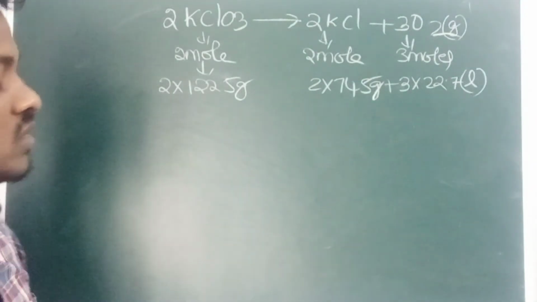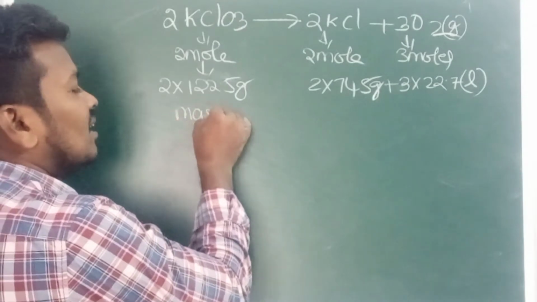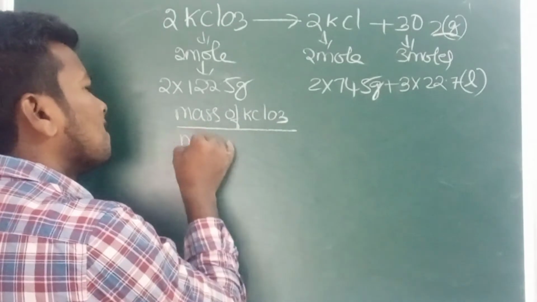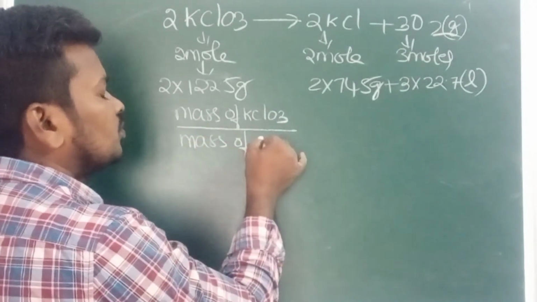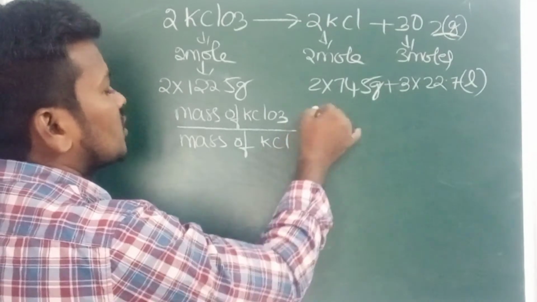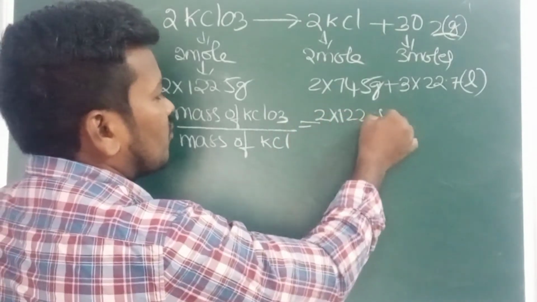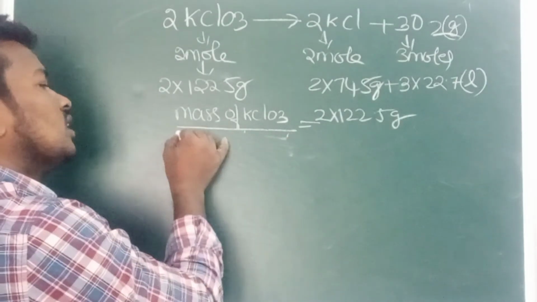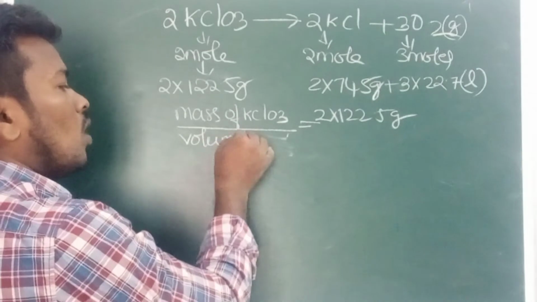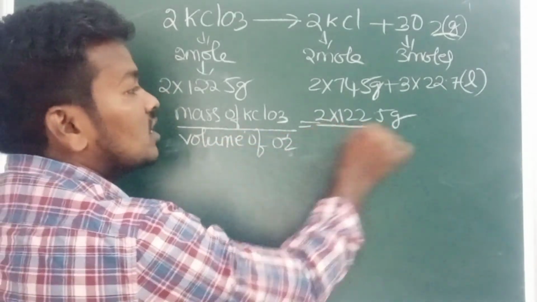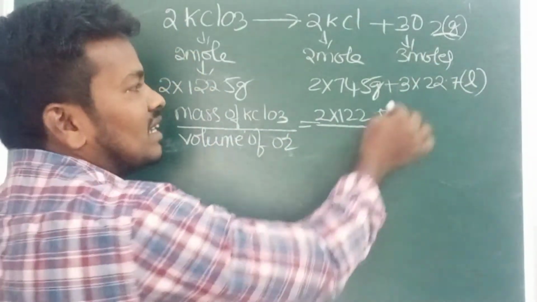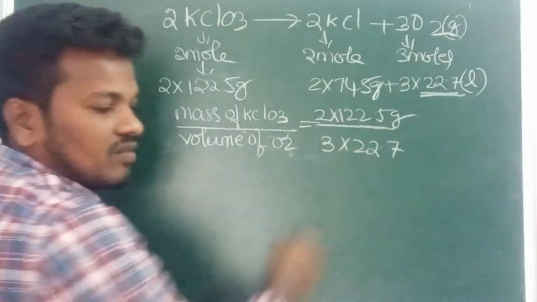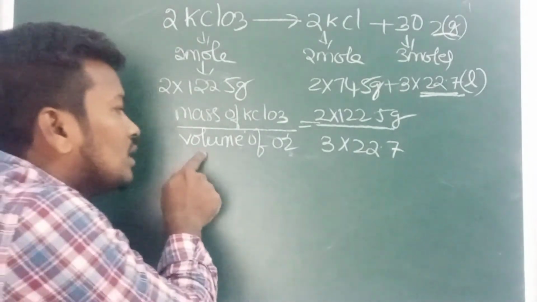So 3 moles is there as in the usual equation. The mass of KClO3 is 2 into 122.5 grams. But we are doing the volume, so I am writing the volume of O2. How much? Here 3 into 32 you should not write. For a gas volume, 3 into 22.7 liters we have to write. Why didn't I write the mass?